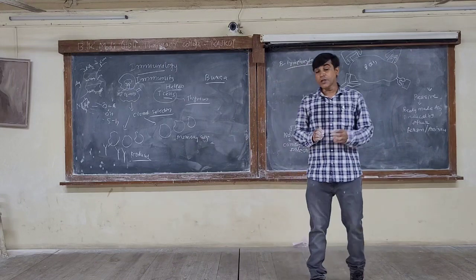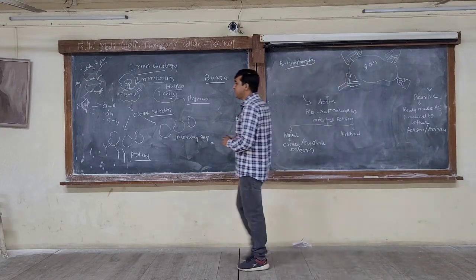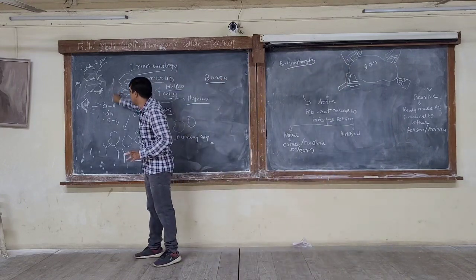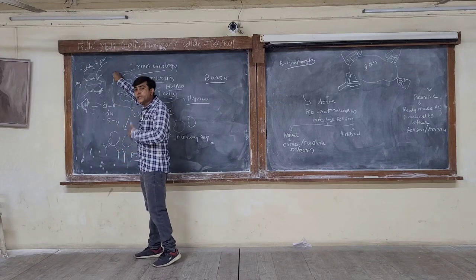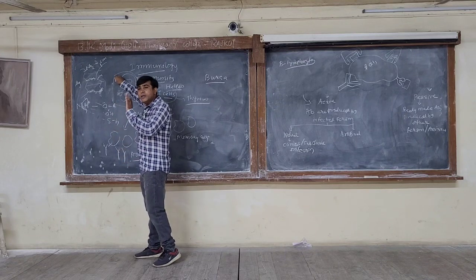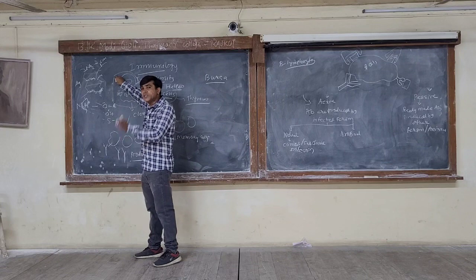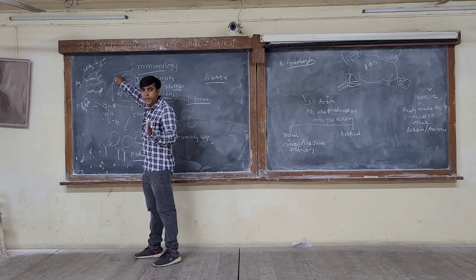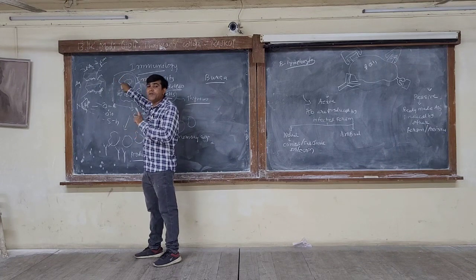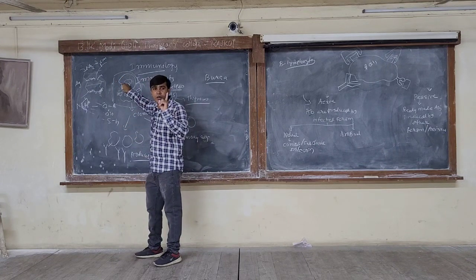Now, if we isolate a single B cell, all the copies of this B cell will produce the same kind of antibodies. Agree? Clear? All the copies of this B cell will produce a single type of antibody.